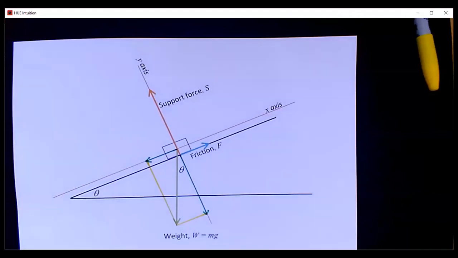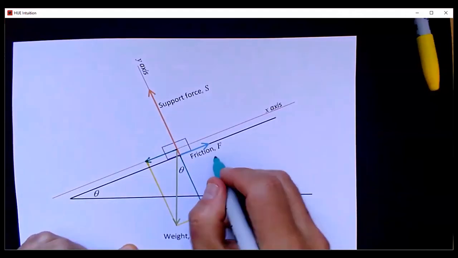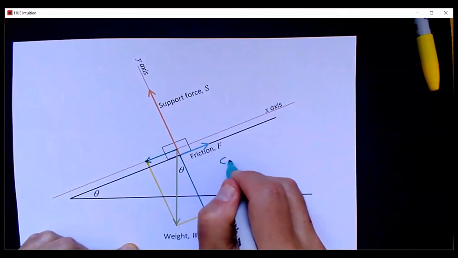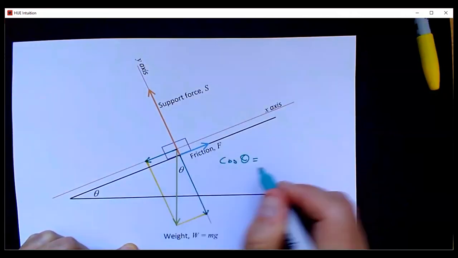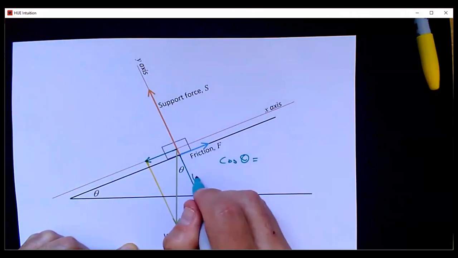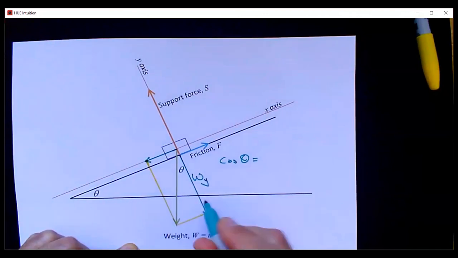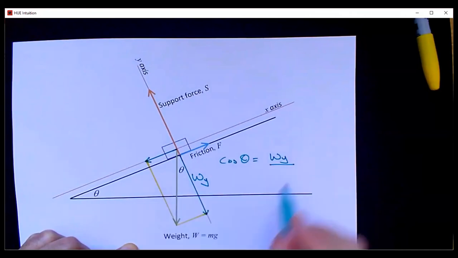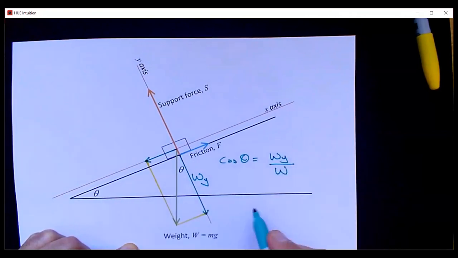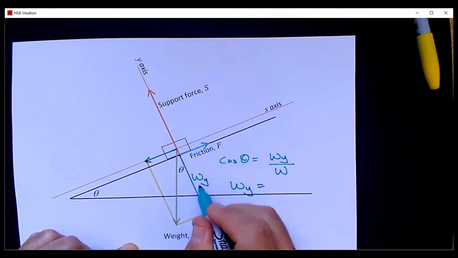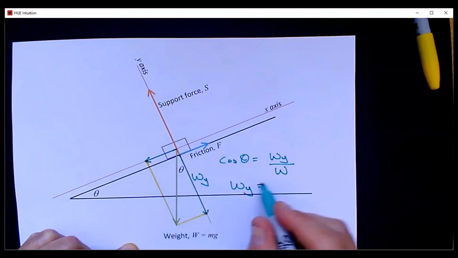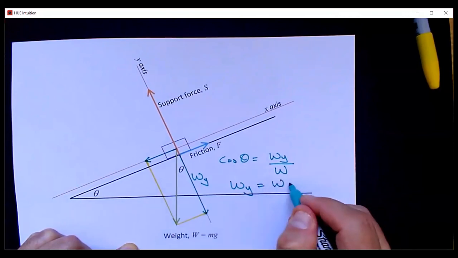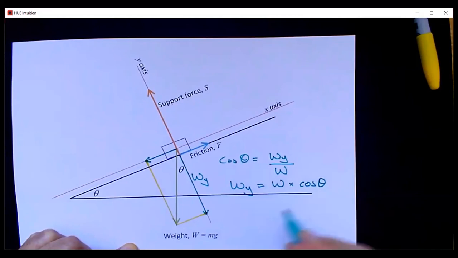And so just using basic trigonometry, writing that cos theta is the adjacent side, and we'll actually call that WY, because it's the component of weight along the y-axis, is the adjacent WY divided by the hypotenuse W, and that therefore gives us that WY, the component of weight along the y-axis, is W times the cosine of the angle.